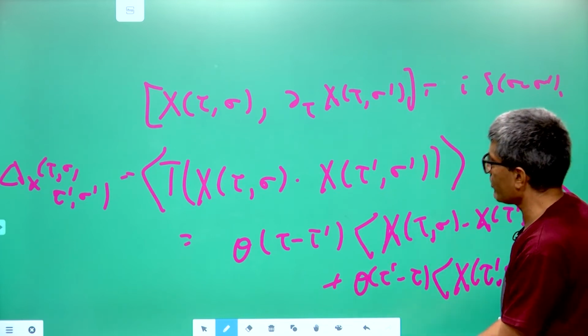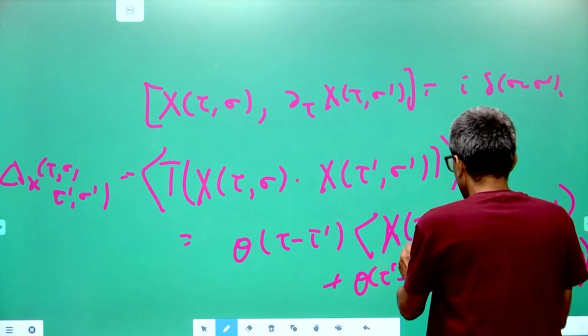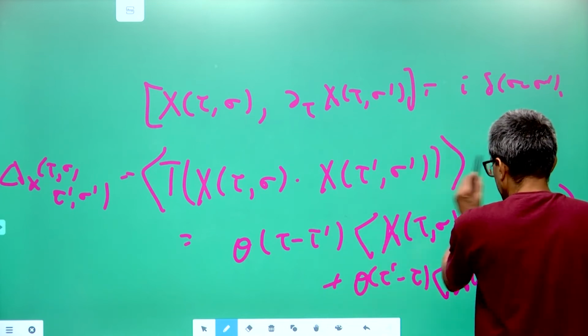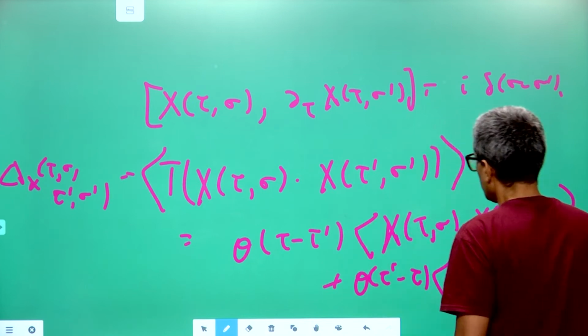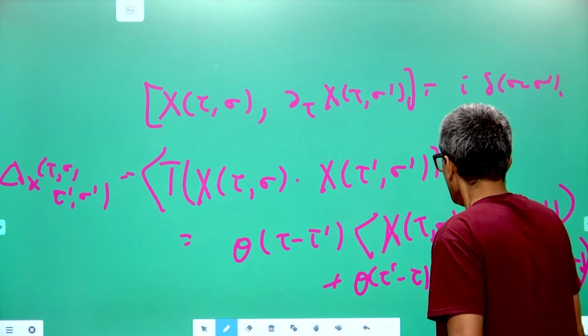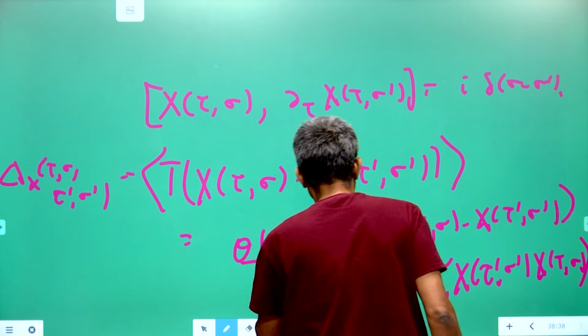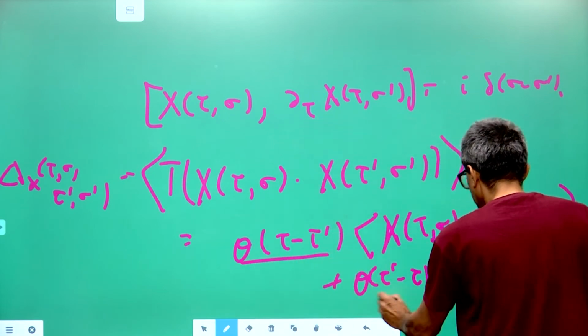But if we differentiate again with respect to τ, so I calculate ∂²/∂τ², then you will have to differentiate this quantity with respect to τ inside. See what is happening: if I differentiate this with respect to τ, I will get a δ(τ−τ') here and a minus δ(τ−τ').